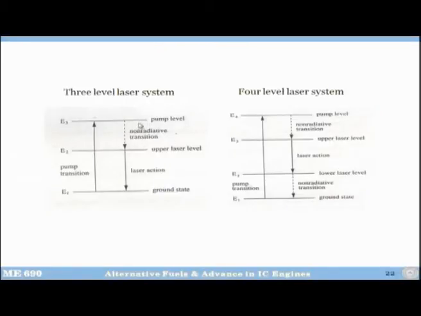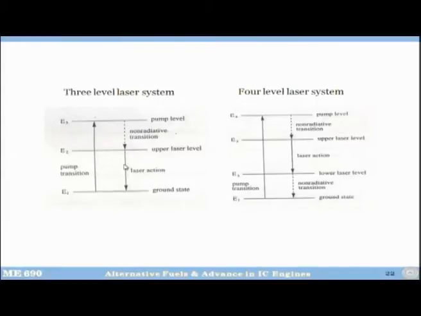That means it comes from the higher level to a lower level without the emission of radiation, and from here to here the laser action takes place. That means the emission of radiation will take place. So, you can see, E1 to E3 is the pump transition, this is the non-radiative transition, and this is the laser action.